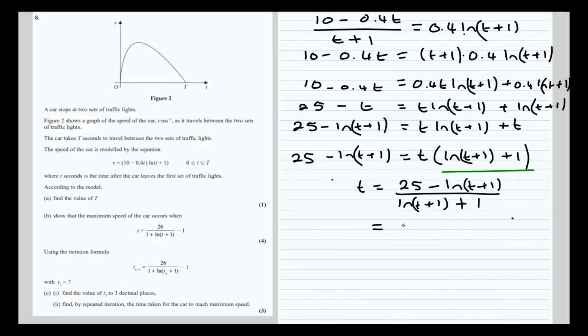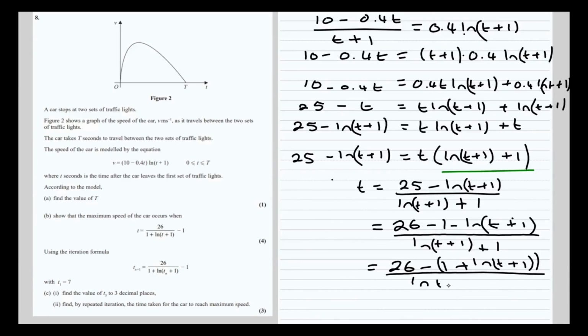So let's change 25 into 26 minus 1, minus ln(t plus 1). I've just changed 25 into 26 minus 1. And now I'm going to factorize out a minus 1. So on the top, I write 26 minus (1 plus ln(t plus 1)).